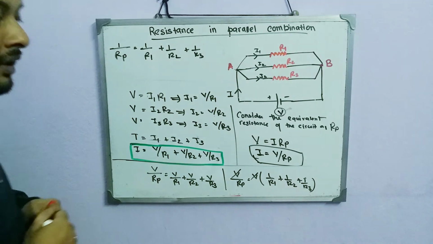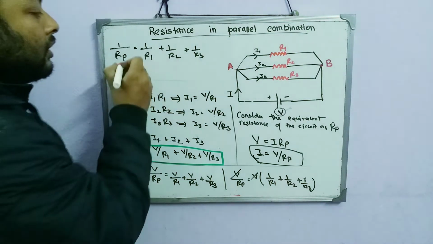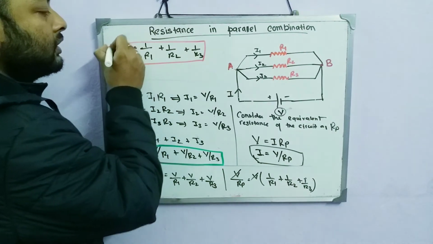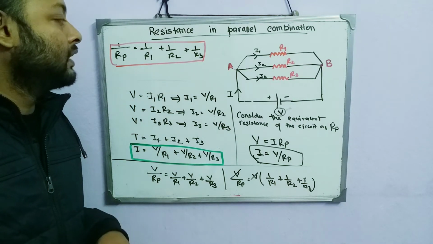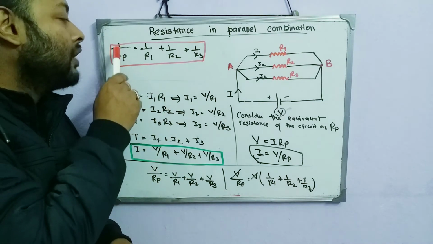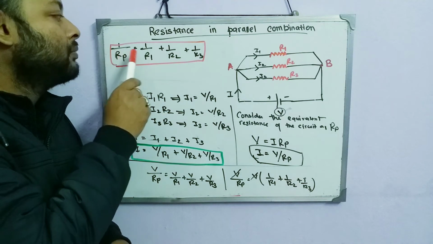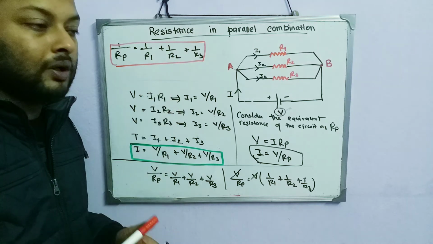So this is the net formula that I need to remember to do the sums: in parallel you have to use this formula. 1 by Rp becomes 1 by R1 plus 1 by R2 plus 1 by R3.